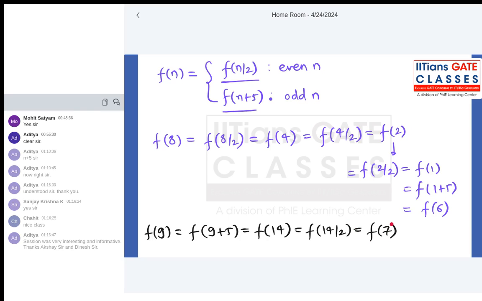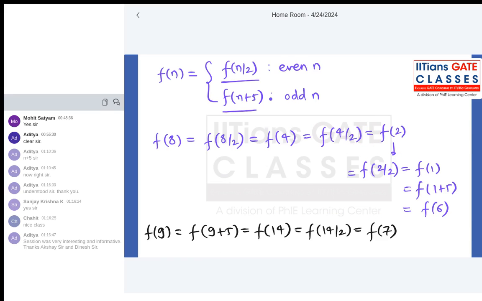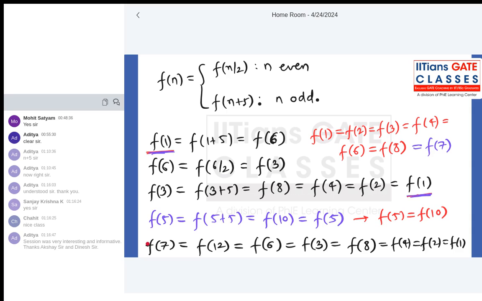And if you go back one page, one second. So we already know that f of 7 is equal to f of 8. And now we observe that f of 7 is also equal to f of 9. So that means this is also equal to f of 9.